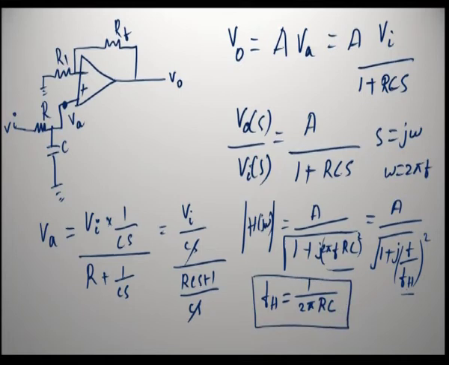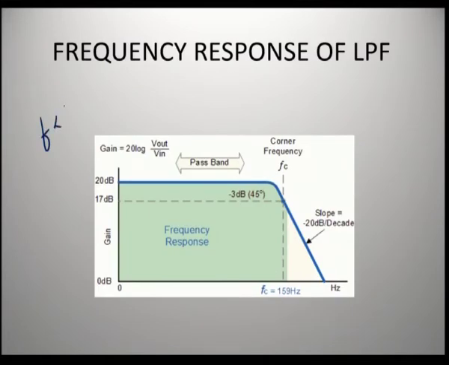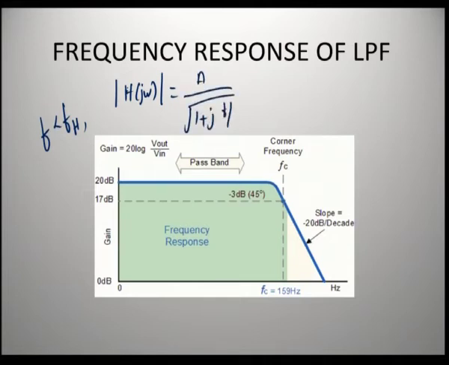So, now f is less than f h according to the formula. What is the formula? Transfer function of the filter is A by root of 1 plus (j f by f h) the whole square.